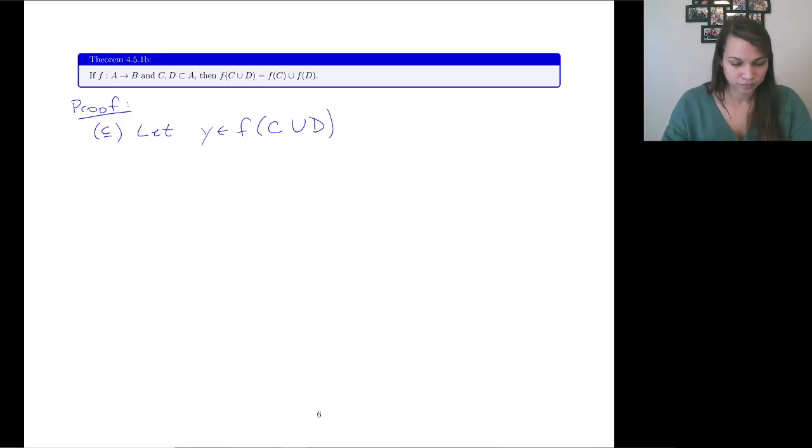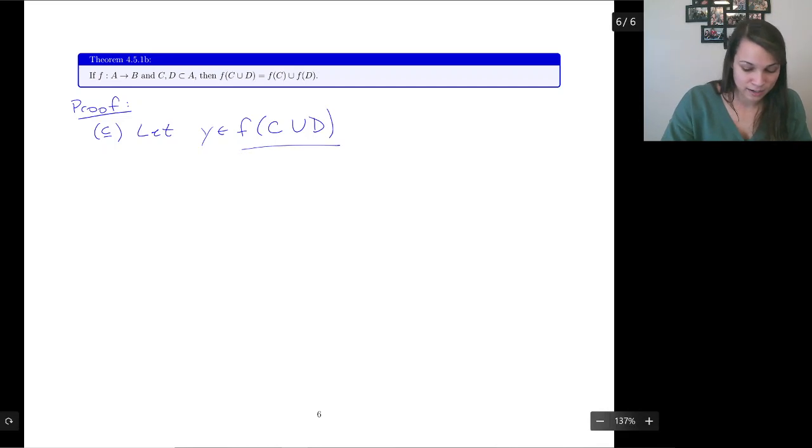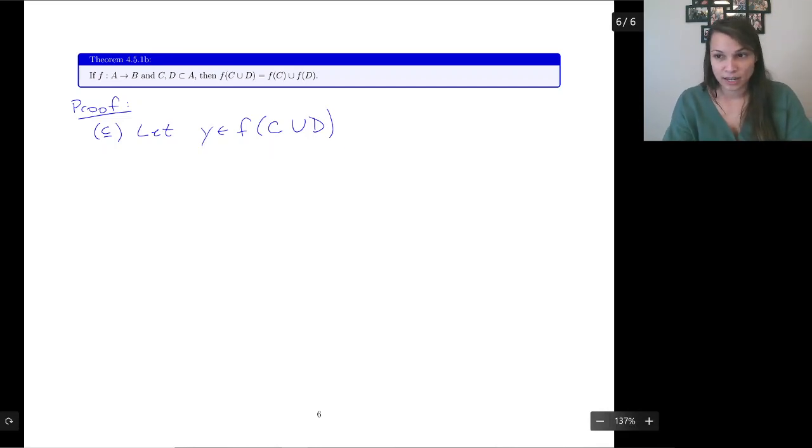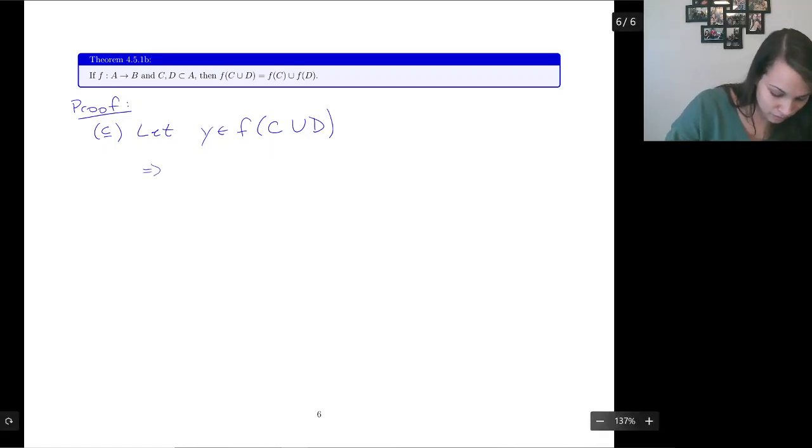Since y is here in the image, that means something had to map to it. So there exists an x in this set such that f of x is going to equal y.